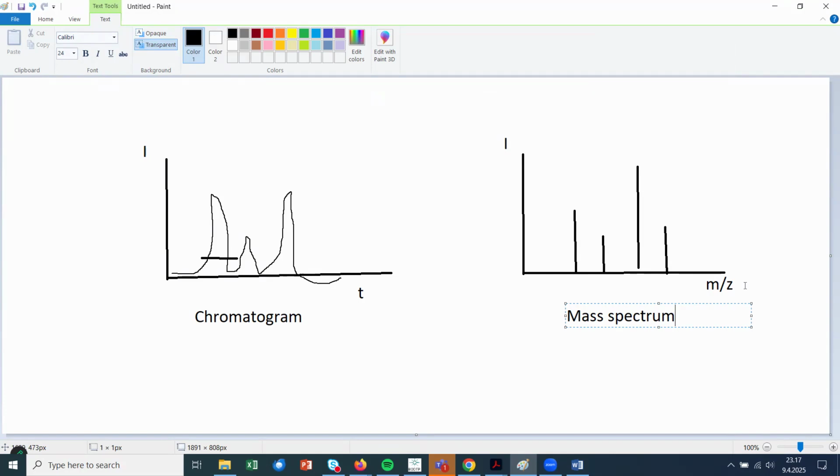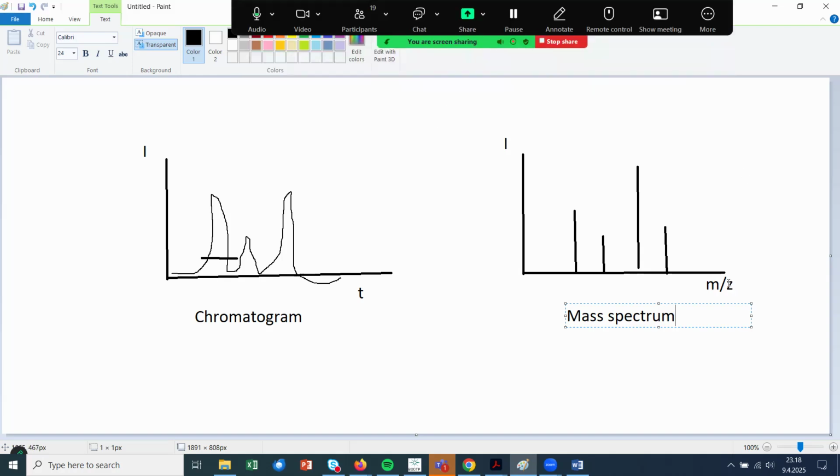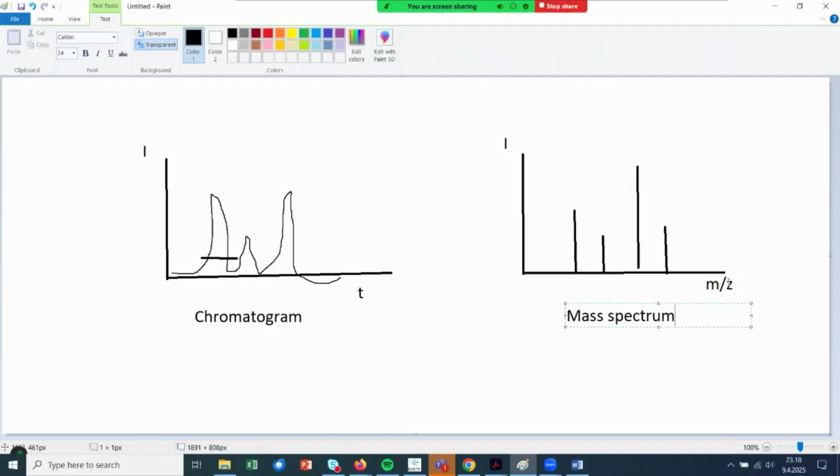Then when they are ionized, they can be singly charged, or they might have more than one charge, and that will increase the Z. But in case we have rather small molecules, typically the Z is 1, which means that with small molecules, the mass spectrum really represents the mass of the molecule.